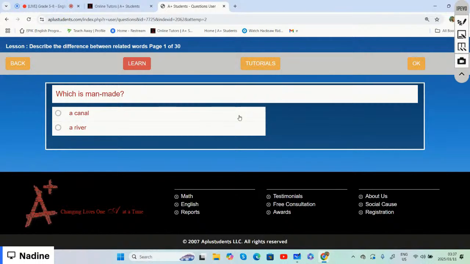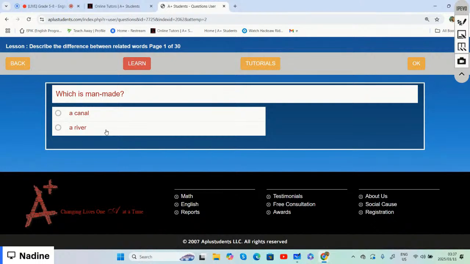All right, and the first one says, which one is man made? Meaning that man made it. Which one is man made, a canal or a river? One of them is natural and one of them is man made.